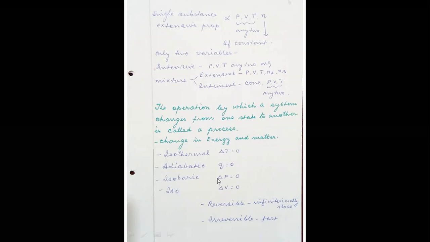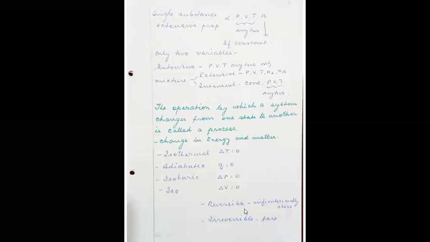Actually, delta means a change. Delta P means a change in pressure. So for an isobaric process, delta P is equal to zero. For isochoric, the change in volume is zero. So these are all the four types of processes.